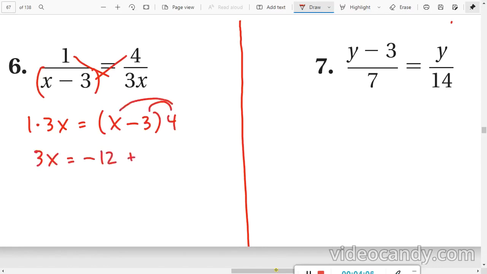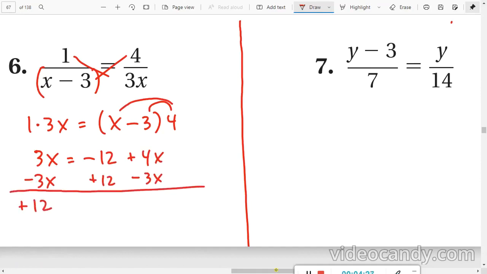And 4 times positive x. Okay. So I'm going to do minus 3x on both because I want the x's on one side. And I'm going to do plus 12 on both because I want the numbers on the other side. 3x minus 3x cancels. Bring down the equal sign. 12 minus 12 cancels. And 4x minus 3x is just x.